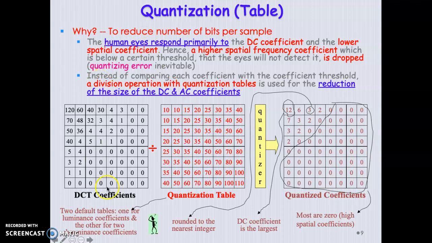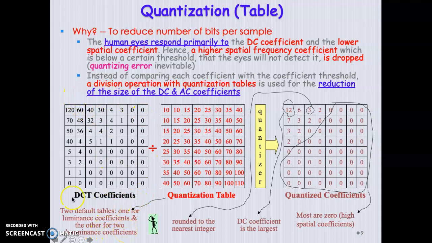So let's say you have this DCT. As you can see, this is AC and the rest will be the DC. DC has less information compared to AC. There are two default tables, one for the luminance coefficient and the other for the two chrominance coefficients.